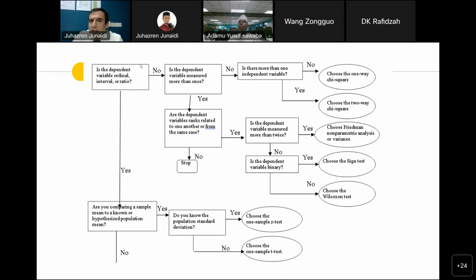Okay, here is an algorithm for you. The first thing that you need to ask yourself is, is the dependent variable ordinal, interval, or ratio? You know what kind of data you have collected, so you can decide whether this is ordinal, interval, or ratio. If the answer is yes, the next question is, are you comparing a sample mean to a known or hypothesized population mean?